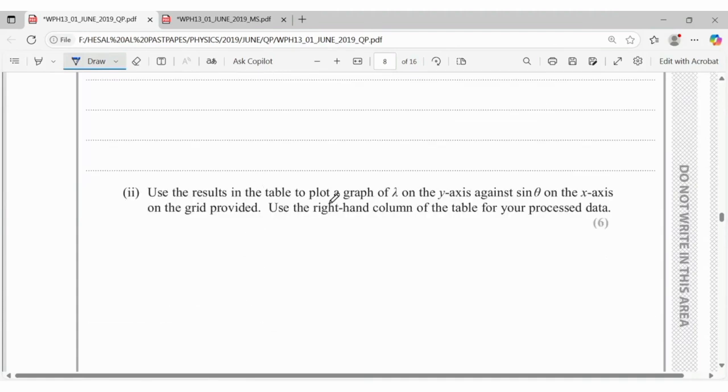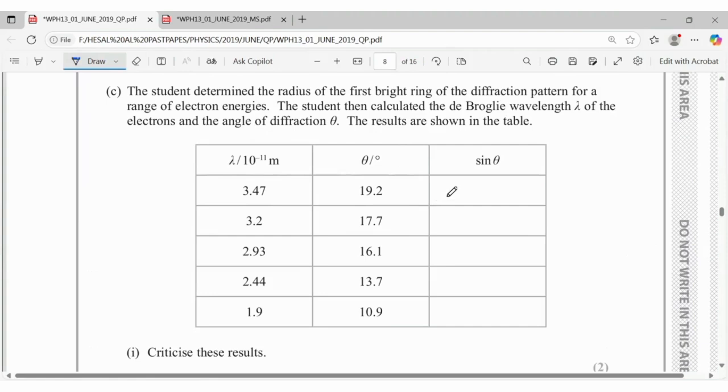Use the results in the table to plot a graph of lambda on the y-axis against sine theta on the x-axis on the grid provided. Use the right-hand column of the table for your processed data. Now here you have theta values. Accordingly, you can find your sine theta values.